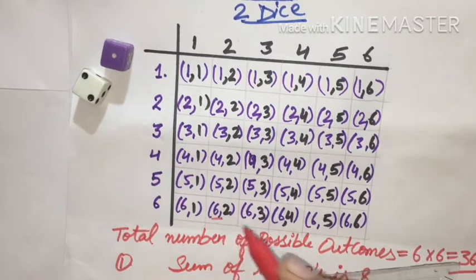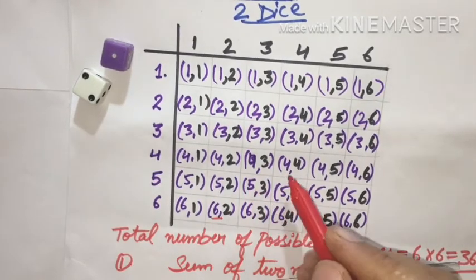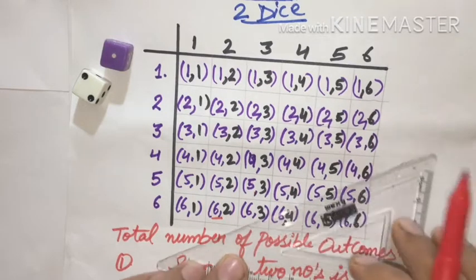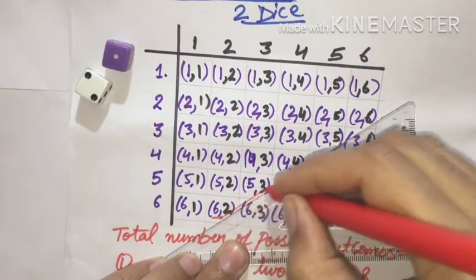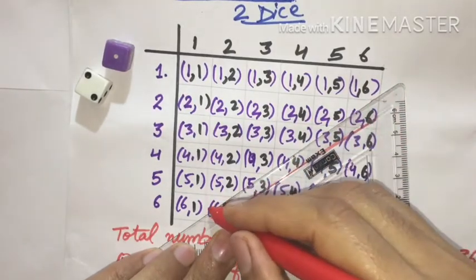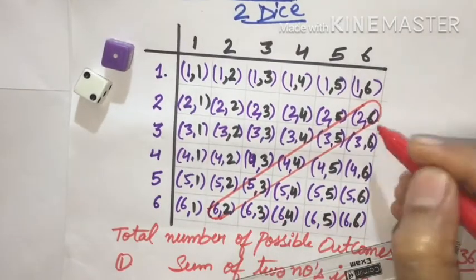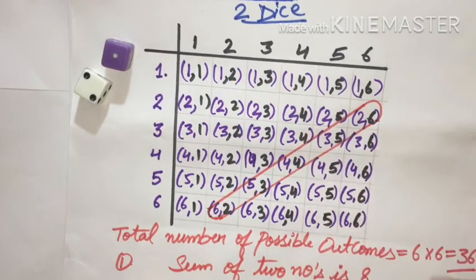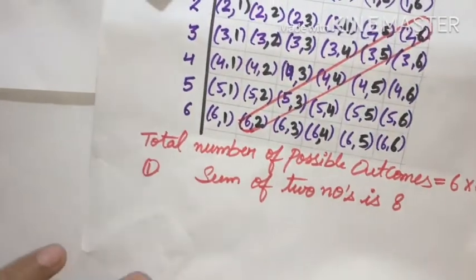Like 6 plus 2 is 8, then 5 plus 3, 4 plus 4 is also equal to 8, 3 plus 5, 2 plus 6. All these cases, when we add the two numbers, give the sum 8. So we consider all these cases: 6 plus 2, 5 plus 3, 4 plus 4, 3 plus 5 and 2 plus 6.